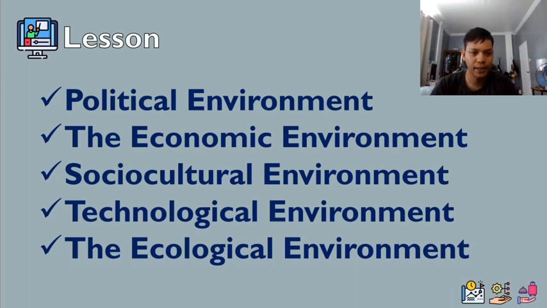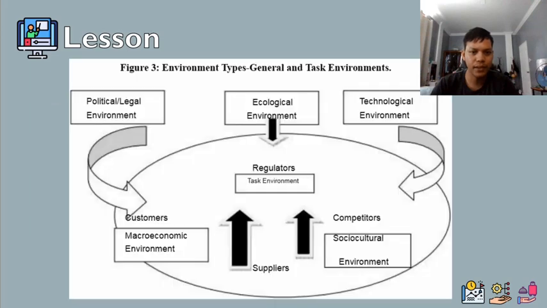Again, these environments affect the decisions of the organization or business. I think you have noticed, for example, in your macro and micro subject, there are differences in the categorization of the environment.